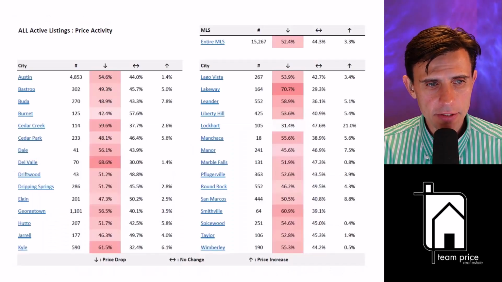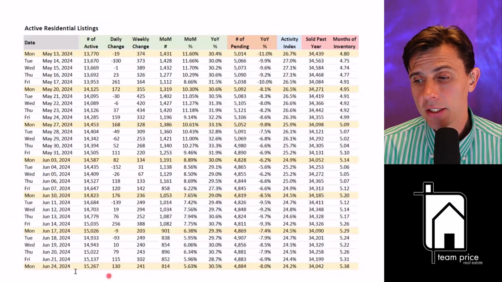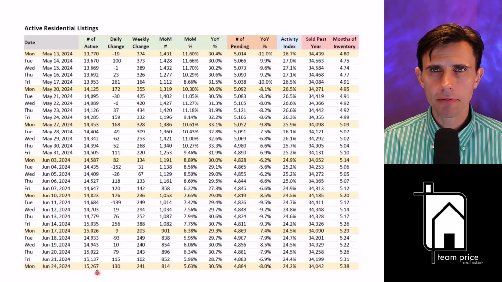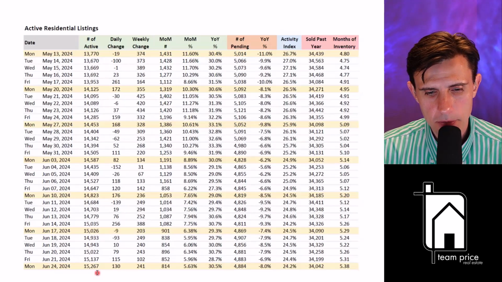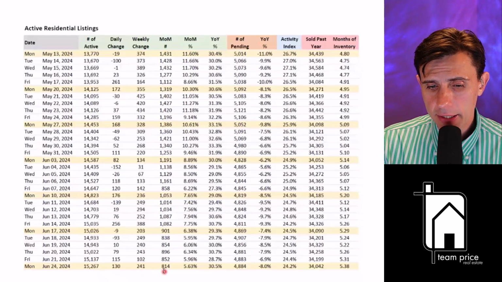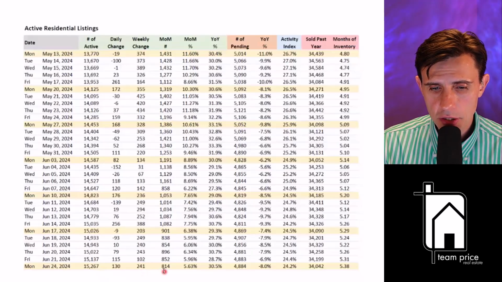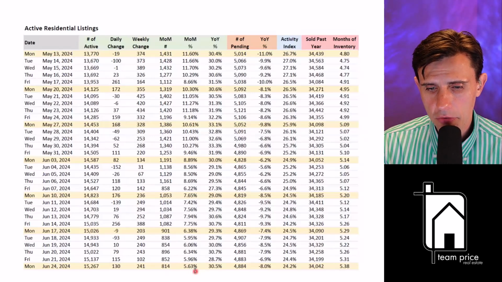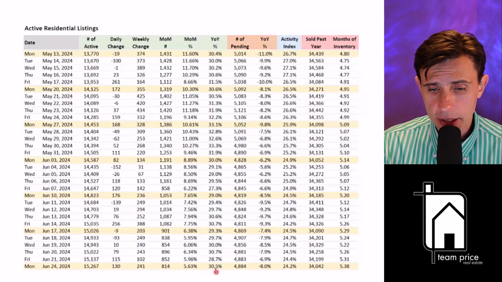We have, as of this morning, 15,267 active listings on the market. 130 more than Friday, 241 more than a week ago, Monday, 814 more than a month ago. That's going to give us a 5.63% month over month increase and 30.5% more than a year ago.